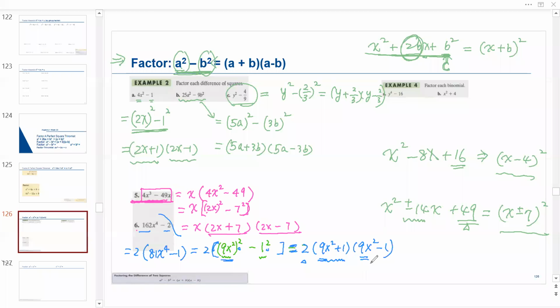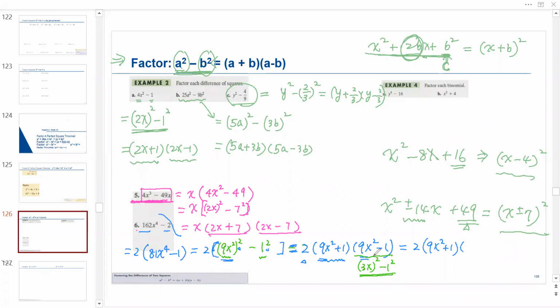This part. What are you looking at here? Actually, this part you can rewrite as 3x squared minus 1 squared, right? This part can be rewritten like this. So it means this part can be continuously factored. They didn't factor completely, right? This one can continue to be factored. So let's copy the first part first.